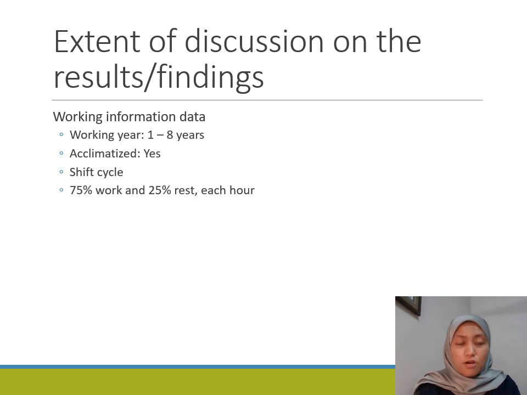And then they obtained the working information data, on whether workers are acclimatized or not, the shift cycles, and the regimen. From the working information data, they know that the workers are acclimatized, they have shift cycles, and the regimen is 75% work and 25% rest each hour.